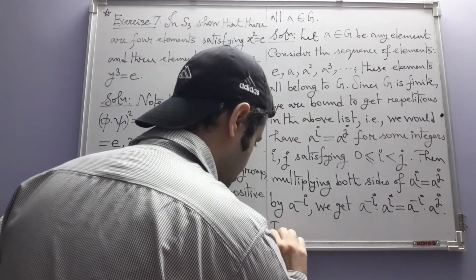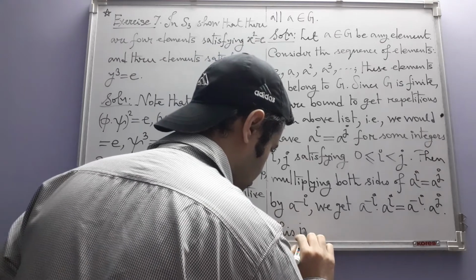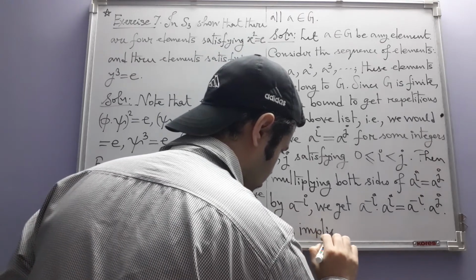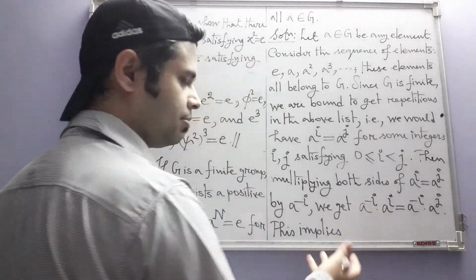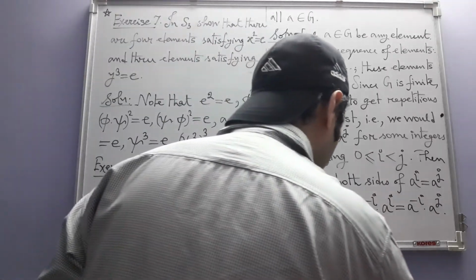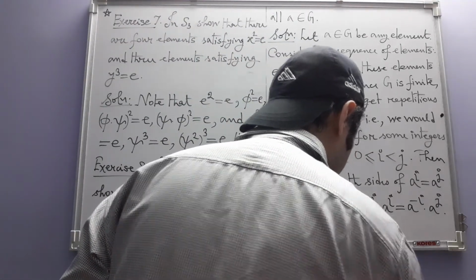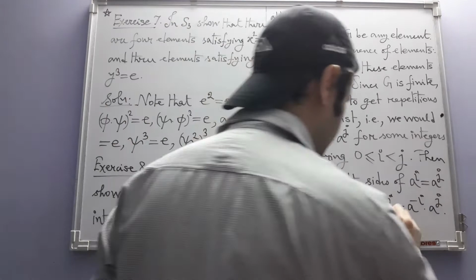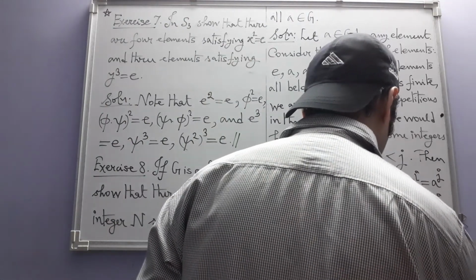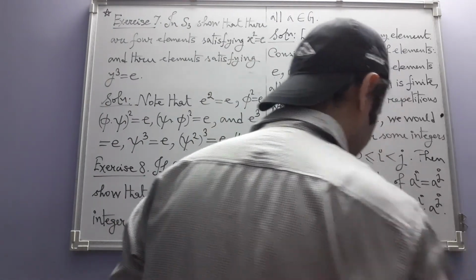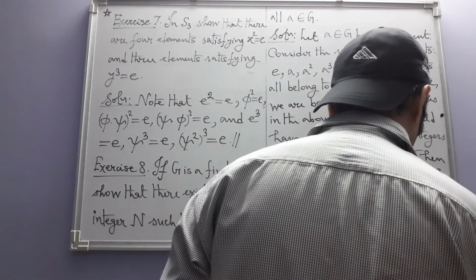This implies on the left hand side we have e. We have already seen this when we proved the rules of exponent. On the right we have a to the power j minus i.